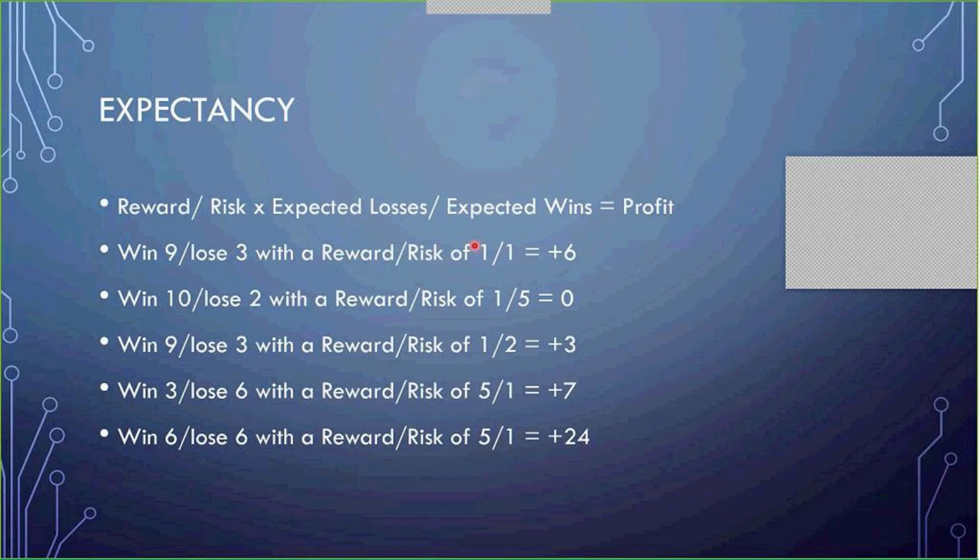So now you're starting to win half, or 0.5, for every one. Well, now if you take 9 times 0.5, you only get 4.5, and 3 times 1, you get 3. You start really significantly cutting your profit potential, and you're almost break even.